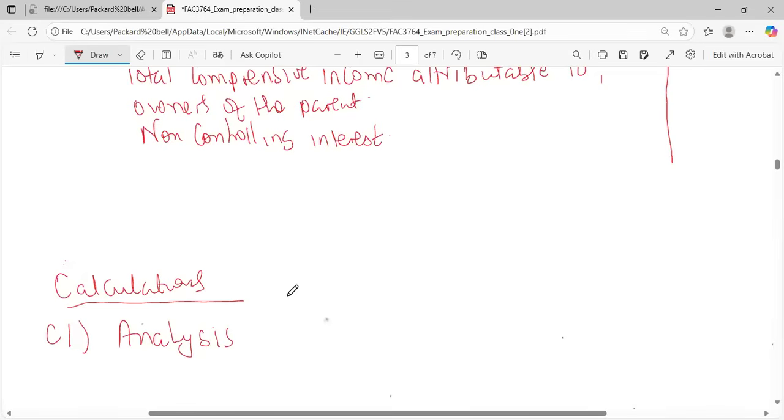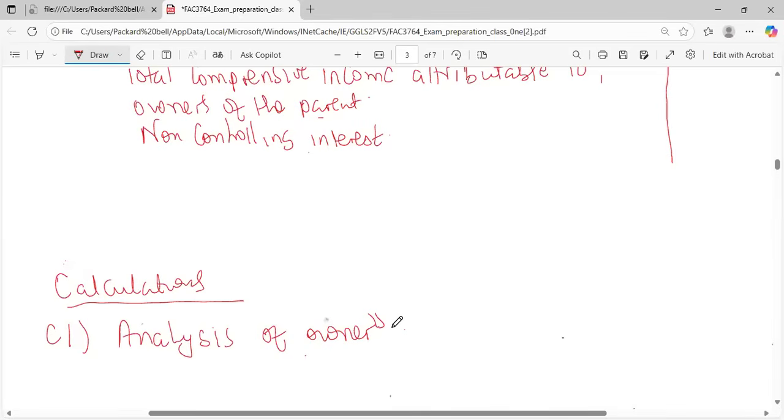It takes a lot of time. Even if we calculate gain on bargain purchase, we still need here what belongs to NCI and what belongs to here. We can only get it from the analysis. So that's why we have to do it.